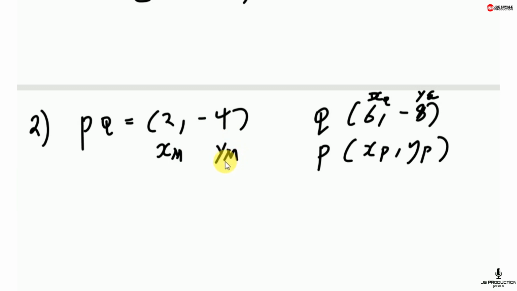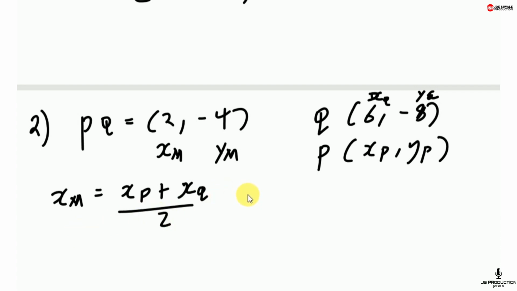So let us write down the formula. The formula of calculating XM there, we're going to say XM is equal to XP plus XQ divided by 2 there.